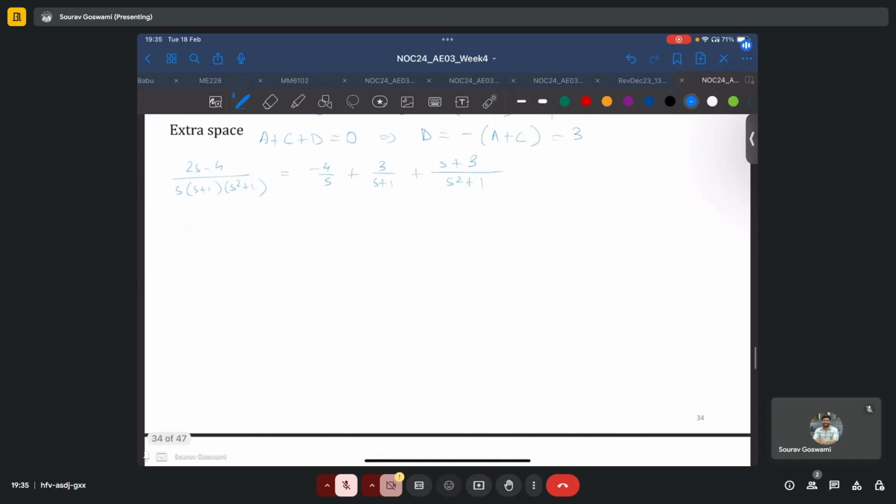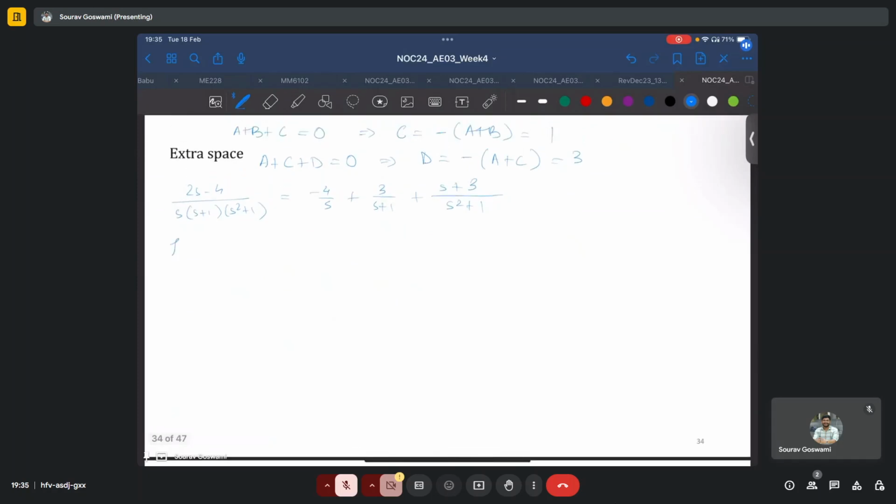And if we want to find the inverse Laplace transform of this LHS, it equals minus 4 times Laplace inverse of 1 by s plus 3 times Laplace inverse of 1 by (s plus 1) plus the Laplace inverse of (s plus 3) by (s square plus 1).